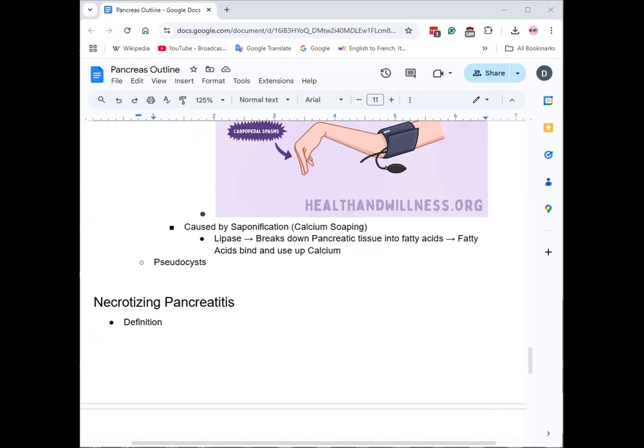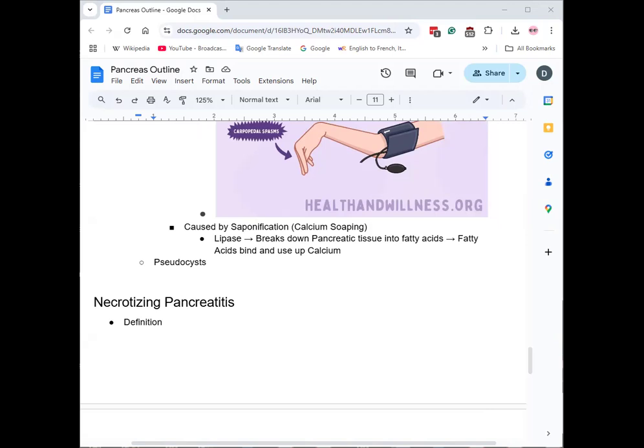So that saponification would be the pancreas releasing some of those enzymes, not just inside itself having that necrotizing issue, but also around itself. By doing that, it's going to break down some of the fats surrounding it. Fat is pretty abundant around the pancreas to begin with. So then those free fatty acids will end up binding to the calcium and have that soapy saponification.